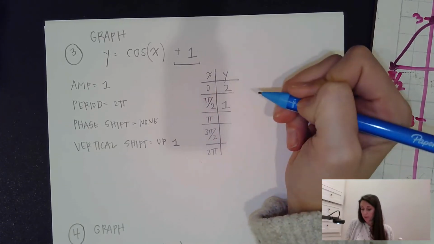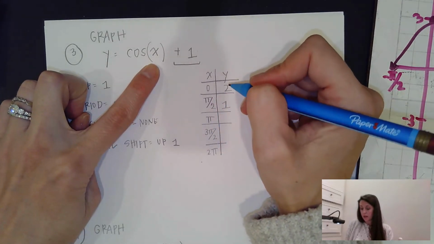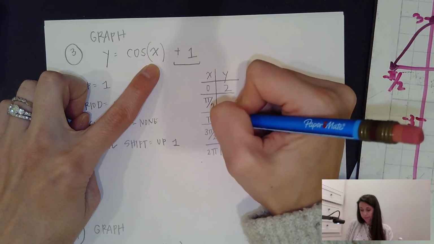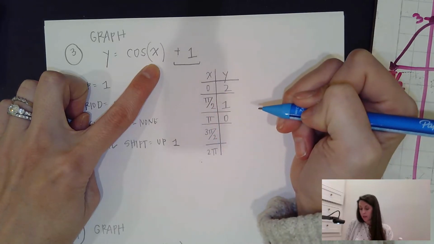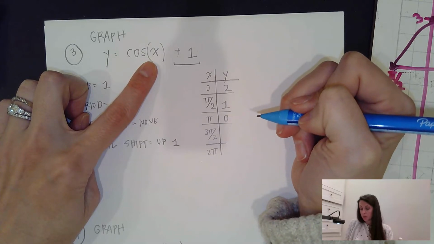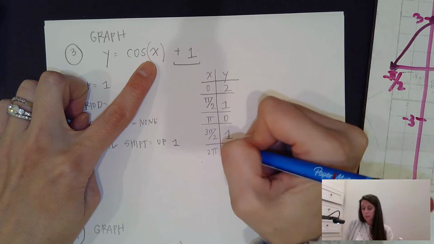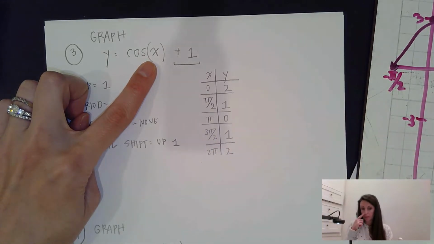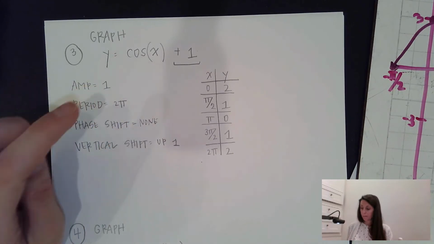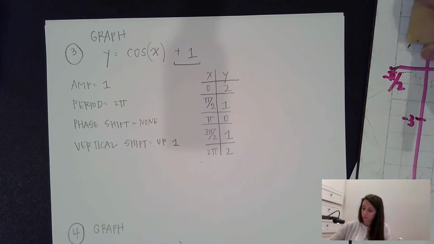This will be up 1. Cosine of pi is negative 1, plus a 1 is a 0. Cosine of 3 pi over 2 is a 0. And cosine of 2 pi is a 1. So I'm going to be back at a 2 here. Okay, so there is no phase shift.